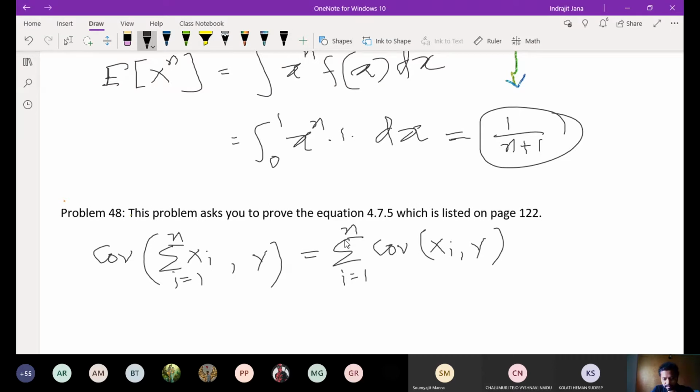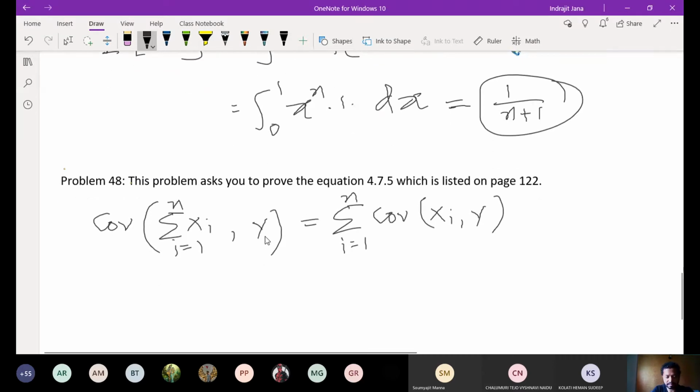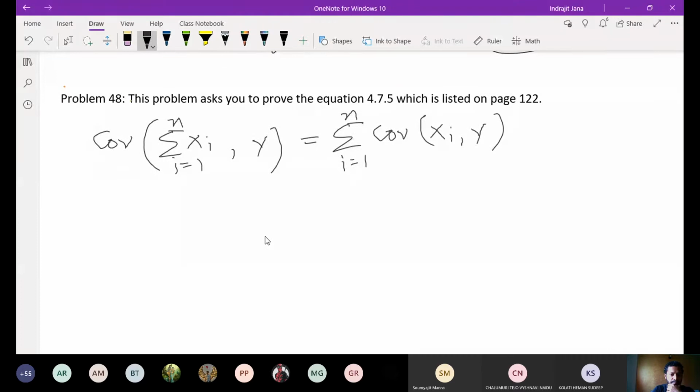Okay, so I think you know the mathematical induction. It was probably in your high school. Okay, so how do you prove this?